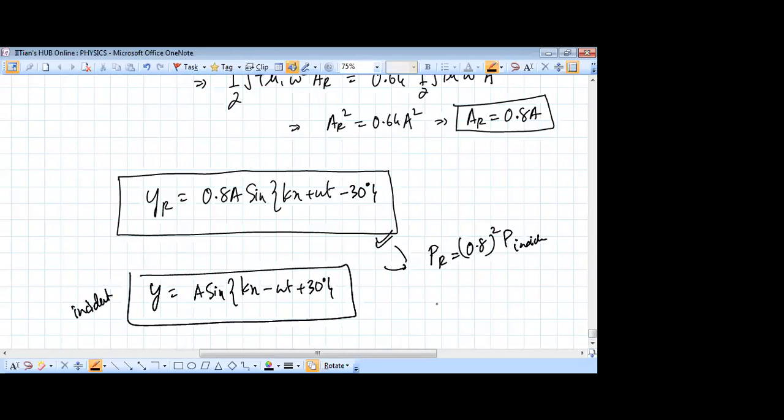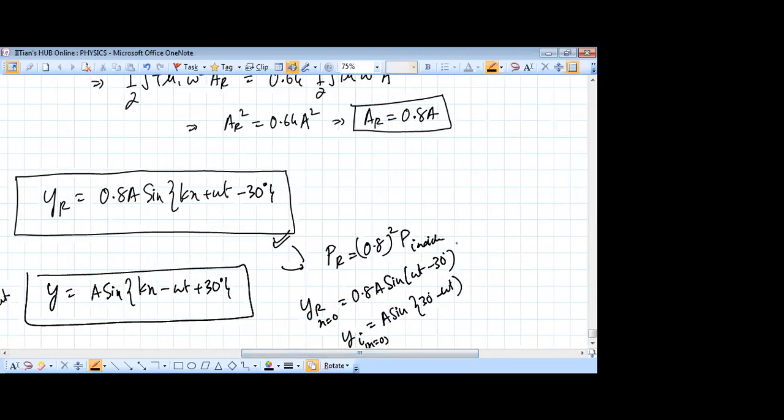And you'll also see that the reflected wave at x equal to 0 is 0.8 e sine omega t minus 30 degrees, and the incident wave at x equal to 0 is e sine 30 minus omega t. So they have a phase inversion. So there is phase inversion between them.